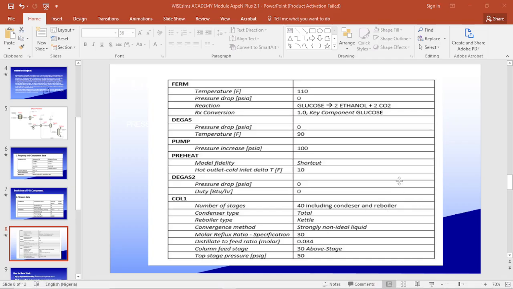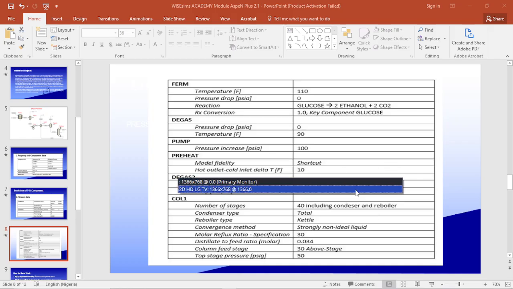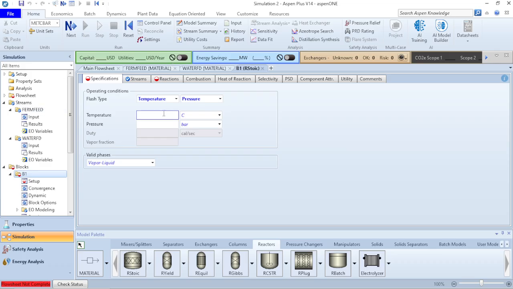All right, so temperature is 110 Fahrenheit. And then we are having the pressure of 0.